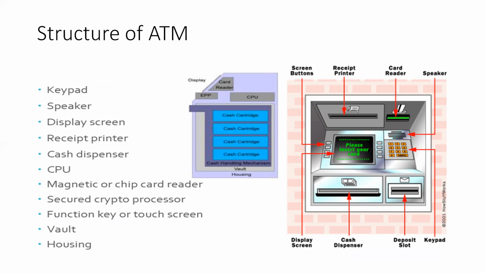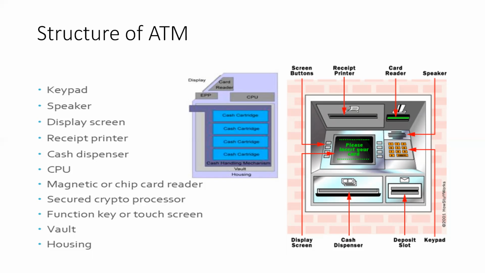There is a speaker inside. Any instruction, such as insert the card, withdraw the card, don't touch the card, enter the PIN, is provided by the ATM machine to the customer operating in front of it through the speaker. The speaker is not receiving information, it is only giving information. It is one way.